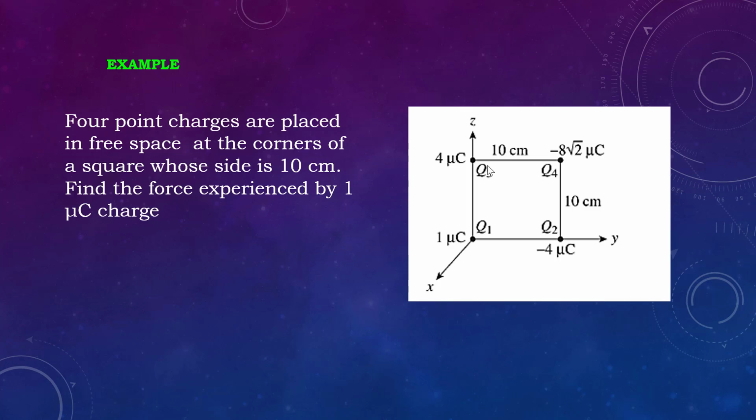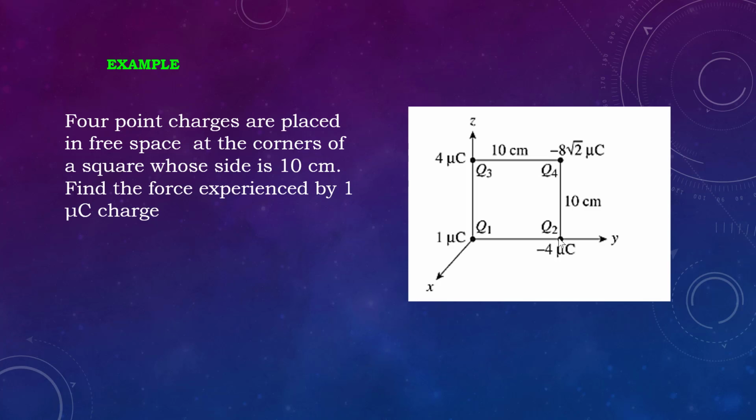So we can place this square in the XYZ coordinate system. You can either place this in the XY plane or you can place it in any plane. So let us consider that this square is placed in the ZY plane. Now as they have given that the side is 10 centimeters, we mark the side as 10 centimeters.